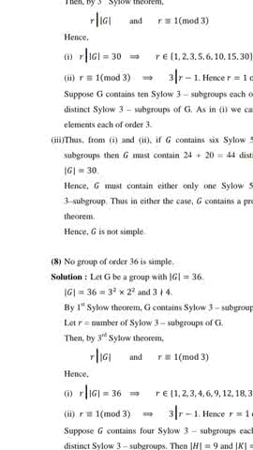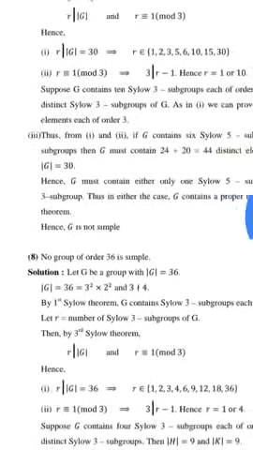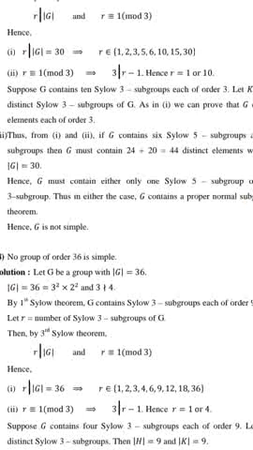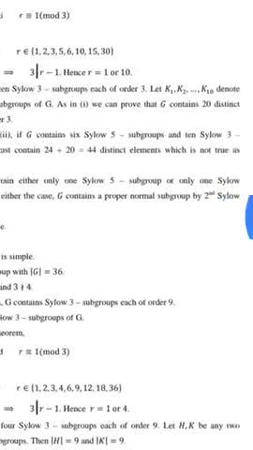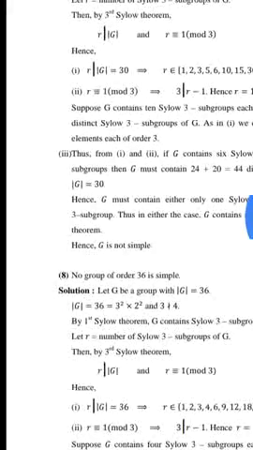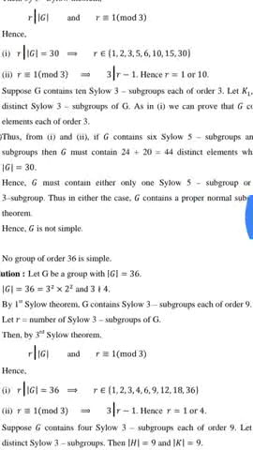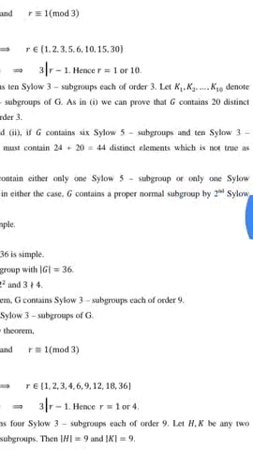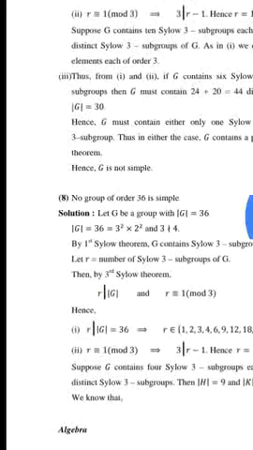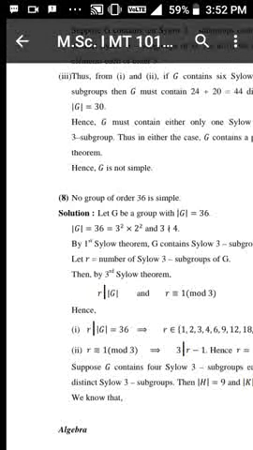Hence G must contain either only one Sylow 5-subgroup or only one Sylow 3-subgroup. Thus, in either case, G contains a proper normal subgroup by the Sylow theorem. Hence, G is not simple.